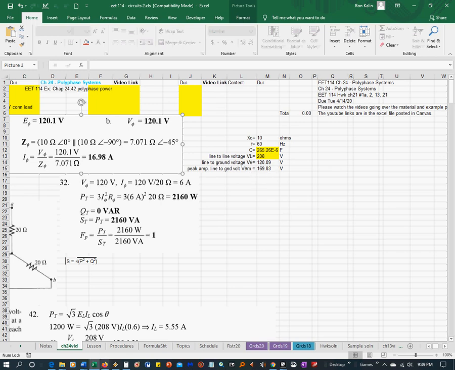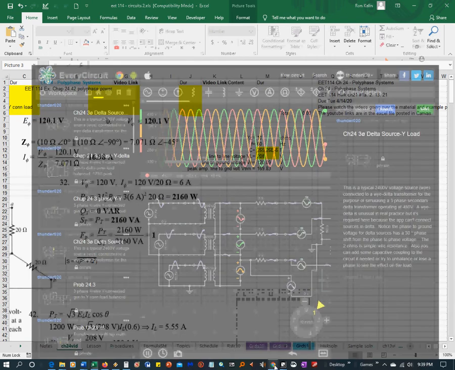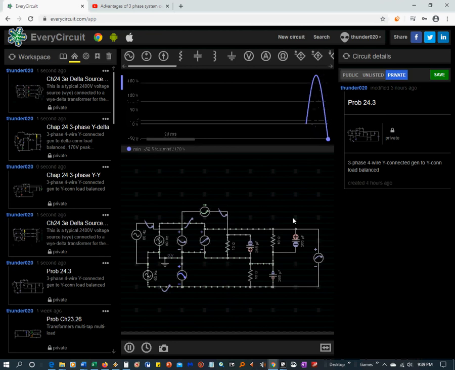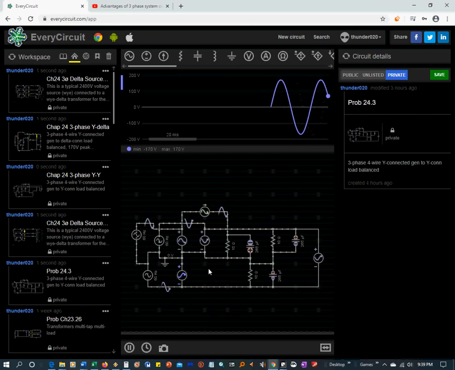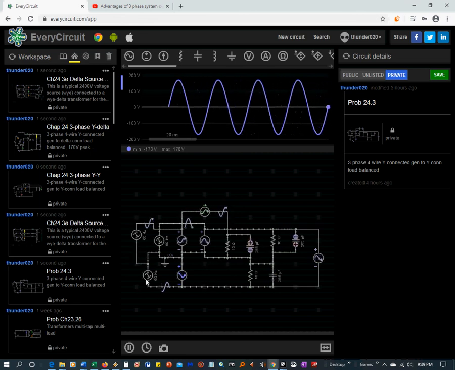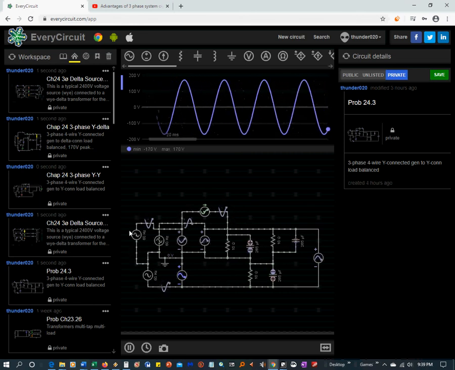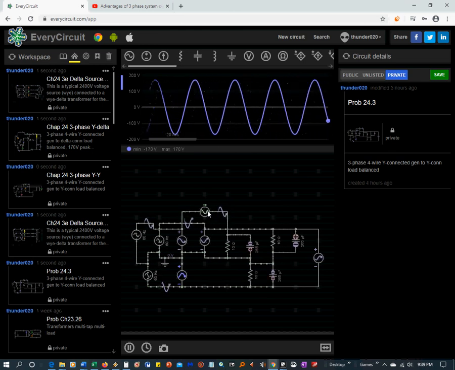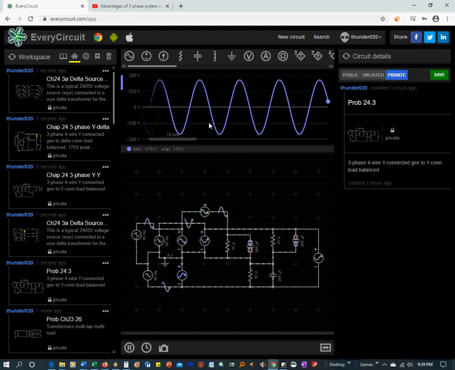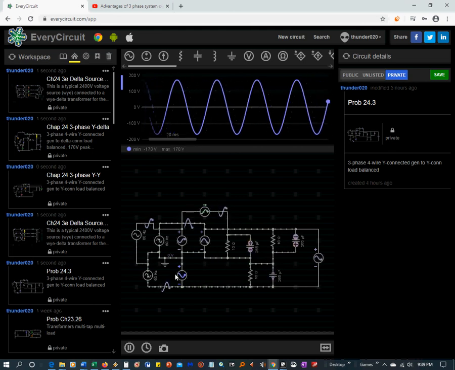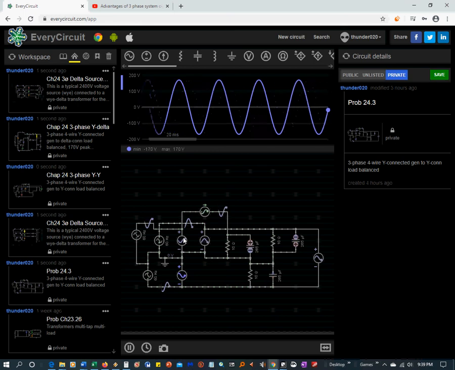So I did this problem in a circuit simulator, and here it is. Again, I calculated this resistance based on that 60 hertz frequency, and I have my Y connected 3-phase, and you can see that this is the voltage going across this generator here.